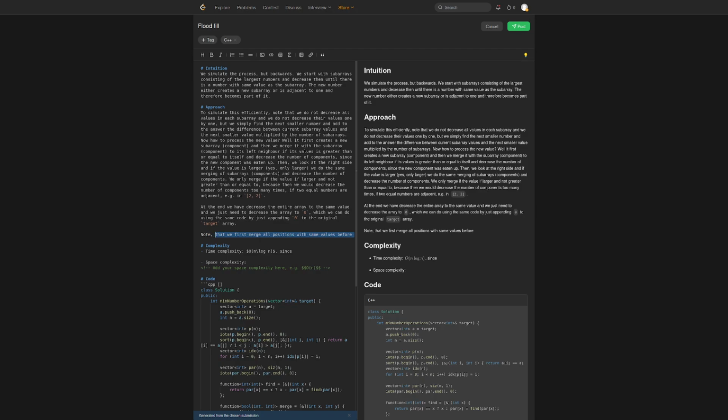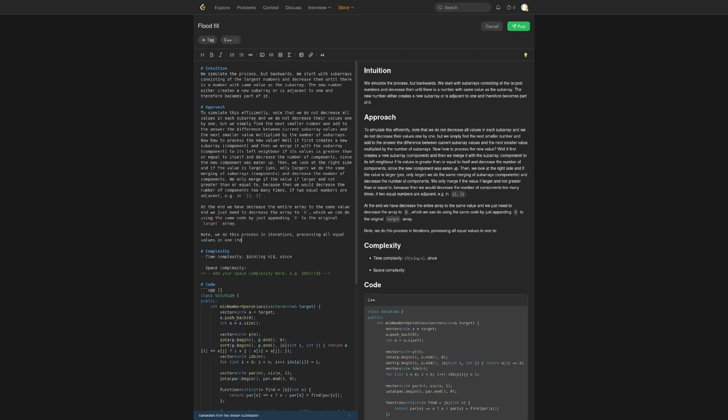Note we do this process in iterations, processing all equal values in one iteration.